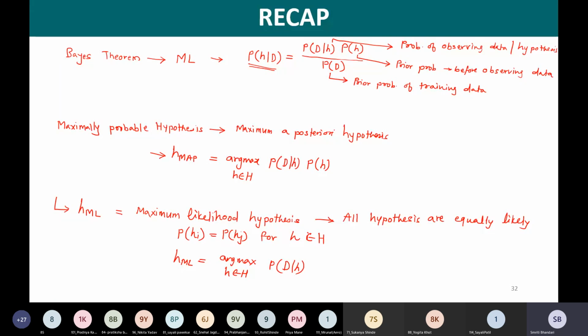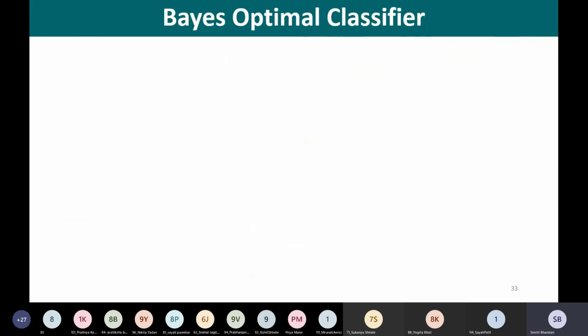Now, today we are going to discuss Bayes optimal classifier. So far, we have considered the most important question: what is the most probable hypothesis given the training data?